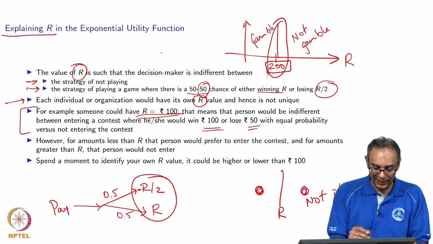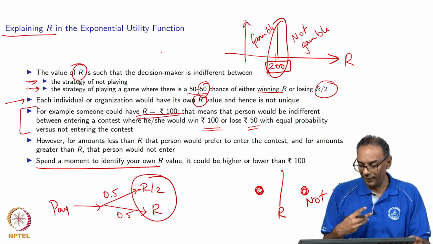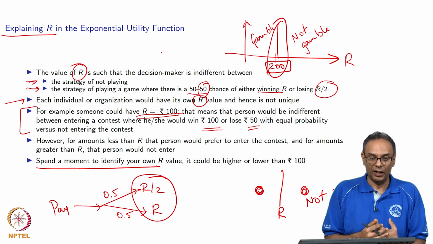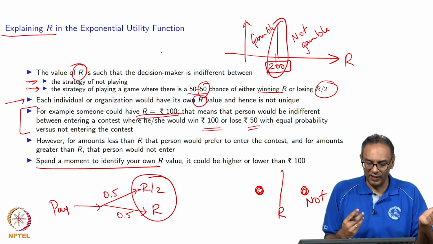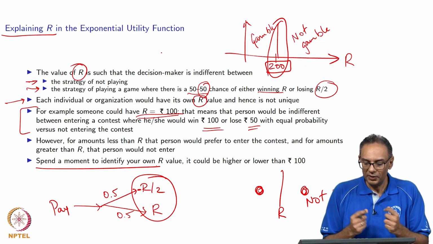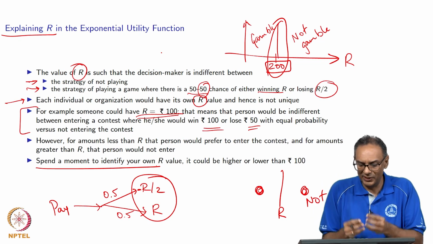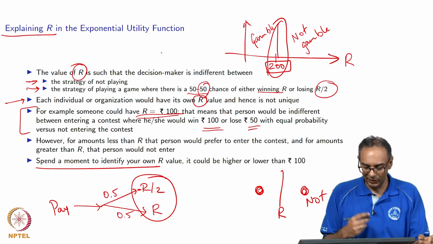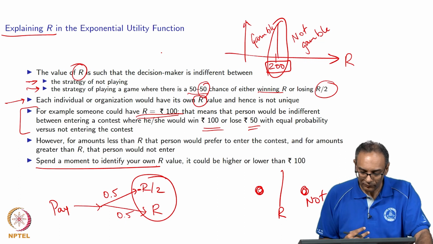Is it higher or lower than 100? It could be higher, or I would not be surprised if it is lower than 100. What's an amount of r that you'd feel comfortable enough to gamble? Basically, what's the largest number that you'd be willing to gamble, either losing r over 2 or winning r rupees?